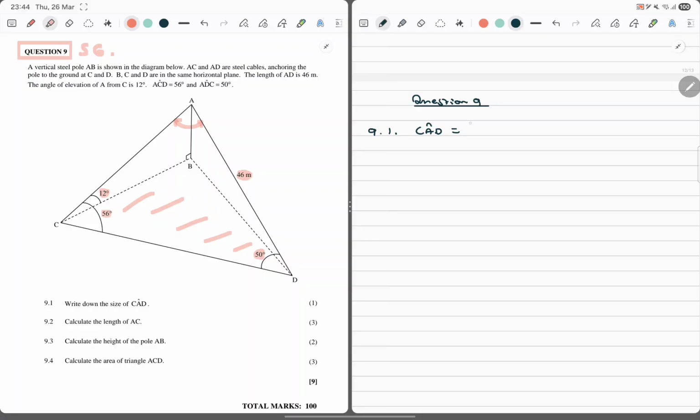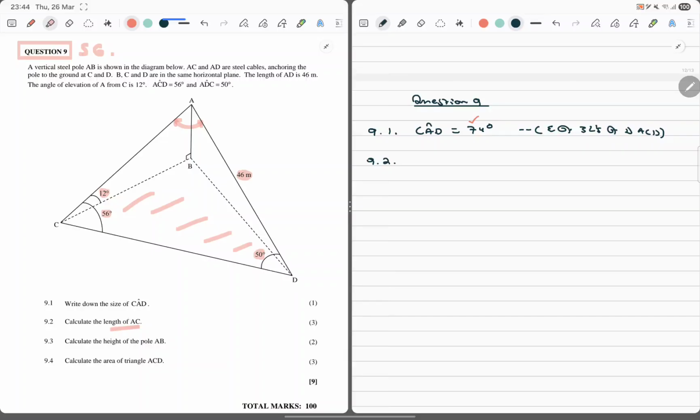So this is 74 degrees. Of course, this is from the sum of the 3 angles of triangle ACD. At this point we just needed to write the answer, but we need to provide some reason, because where did it come from? You copied or what?